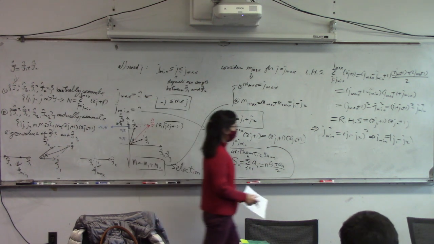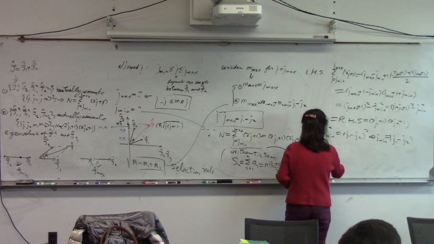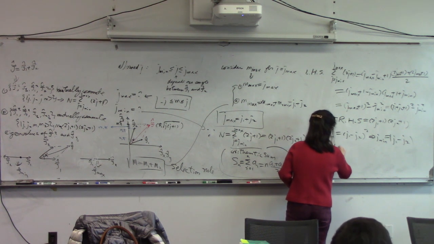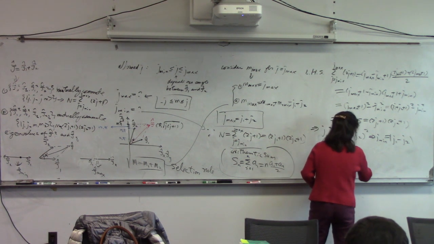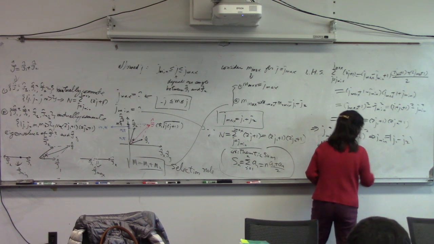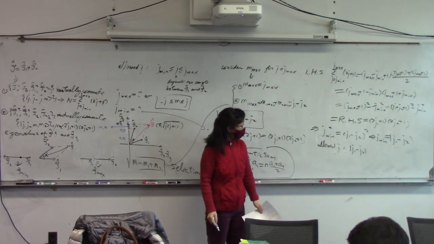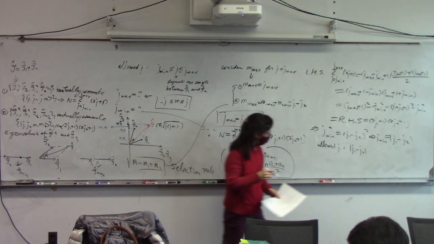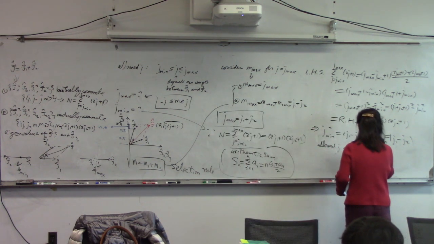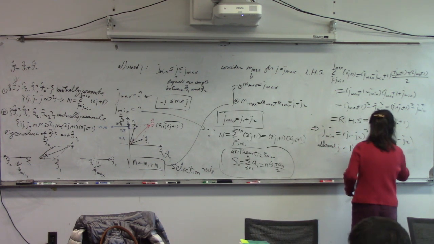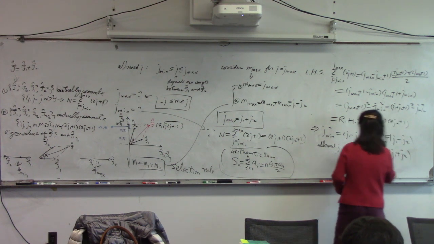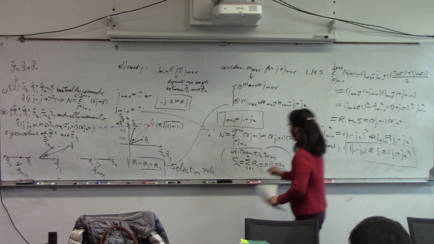So the allowed j value is the difference between the two individual angular momenta.